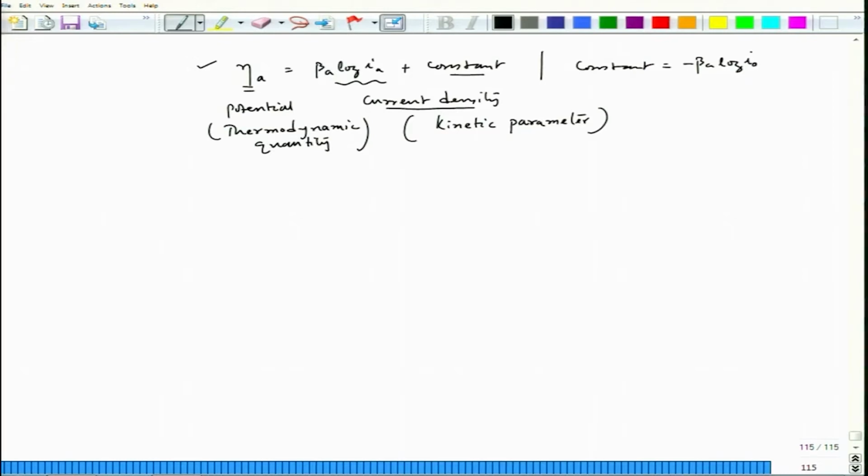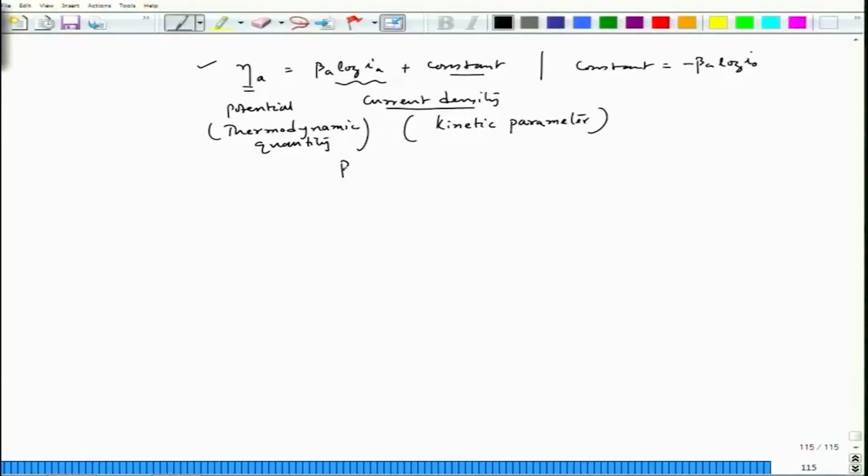That means, whenever we have a current flow, that means a net current flow, we are going to get polarization, which shifts the potential due to kinetic influence.